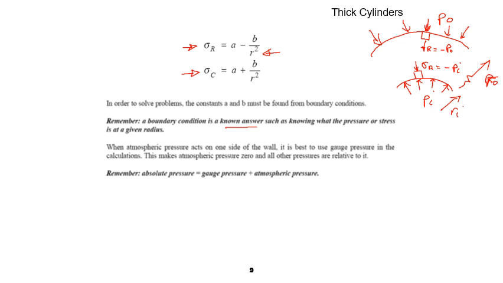So we are using gauge pressure so that we can eliminate atmospheric pressure. So if you use gauge pressure for Pi, then if outside is atmospheric, this is equal to 0 if it is P atmosphere.